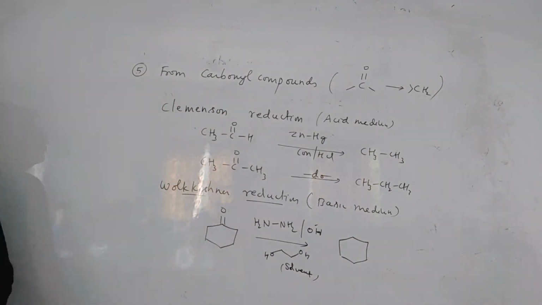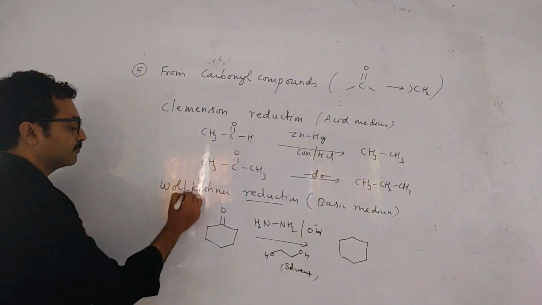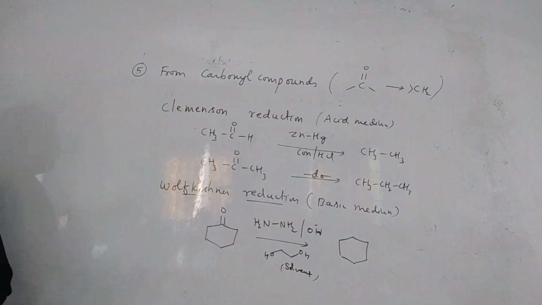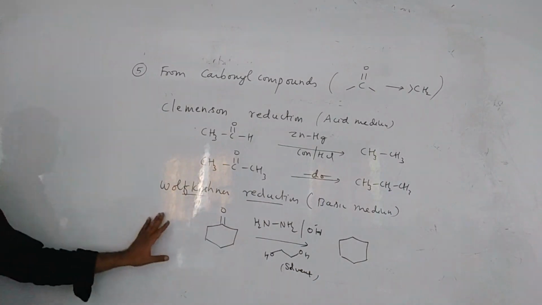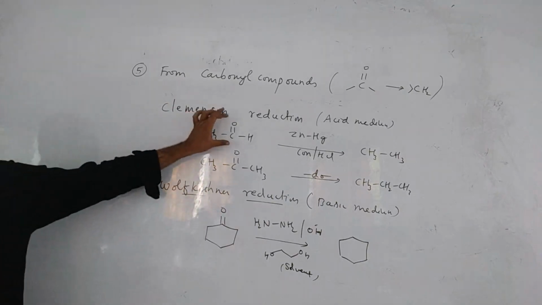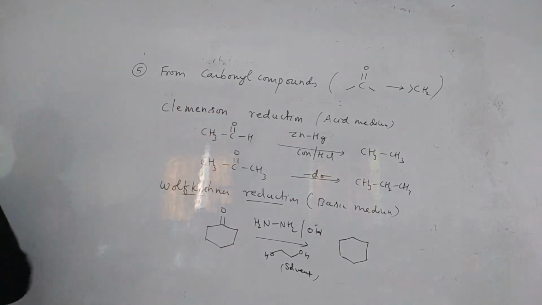So these are the two reactions. Clemmensen reduction is acidic medium reduction, and Wolff-Kishner reduction is basic medium reduction. Both are used to convert C=O to CH2 only.